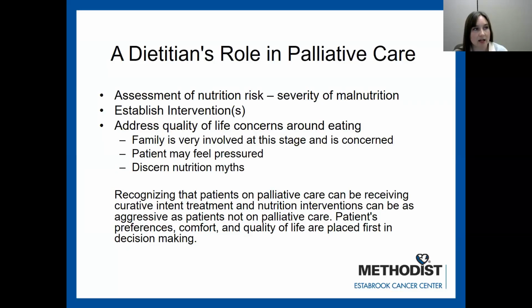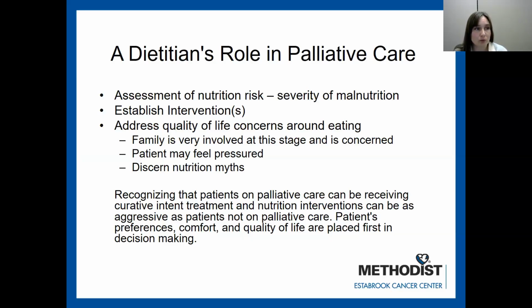Oftentimes there are a lot of nutrition and quality of life issues that come up. Usually the family is very involved at the point when the patient comes to palliative care. A lot of patients may actually feel pressured to eat or to accept a certain nutrition intervention because of their family members.